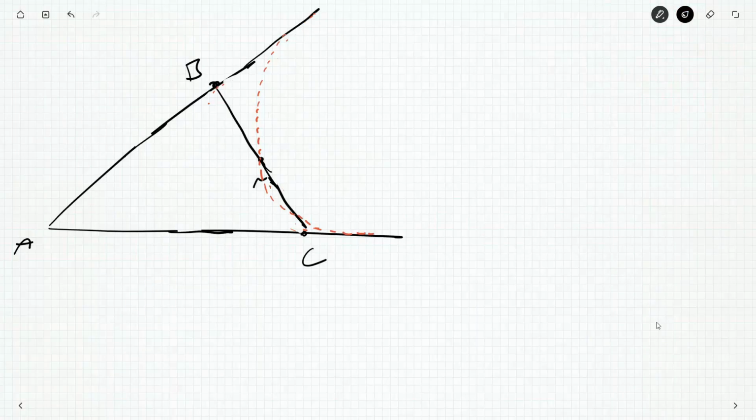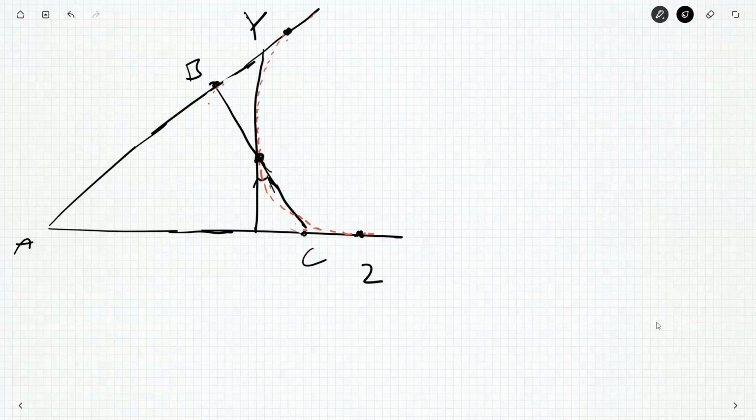I can certainly do this. I can certainly pick a point, and it's going to have tangents, and we might call this y up here, and this z. And so M is a point on the minor arc yz, and so I guess we can still talk about lines passing through M, and maybe it's the tangent to the circle that passes through M that we care the most about?